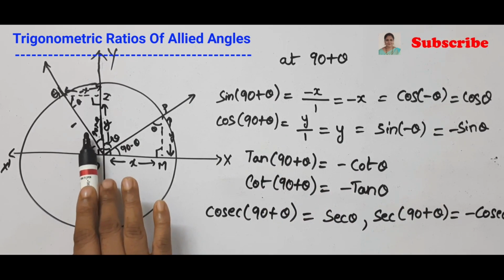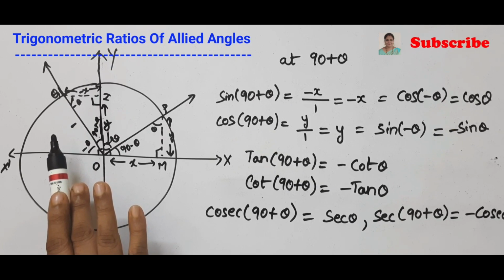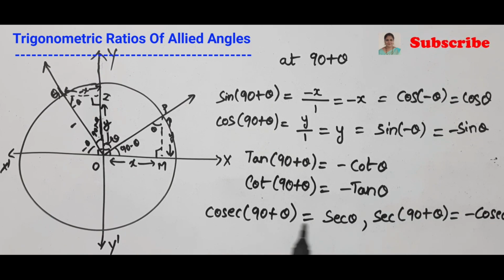So remember that at angle 90 plus theta in the second quadrant, there will be a change in trigonometric ratios, and only sine and cosecant will be positive, the remaining all negative.